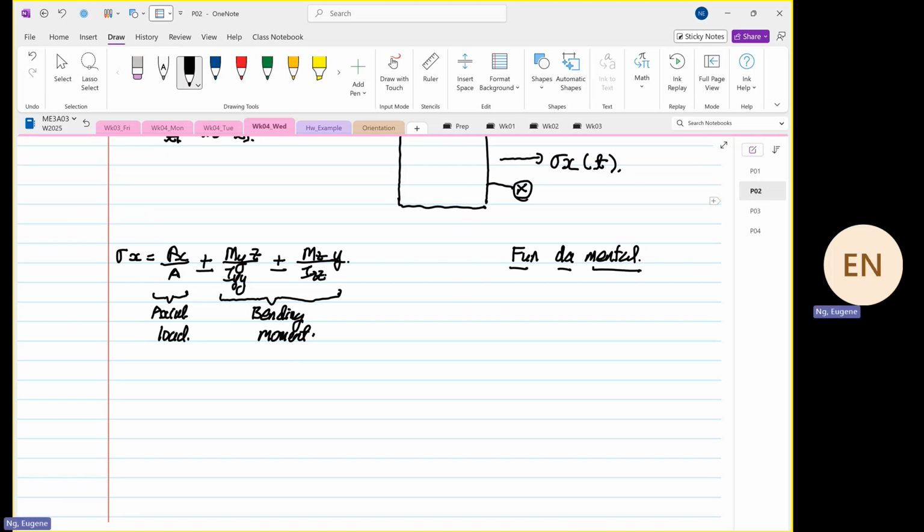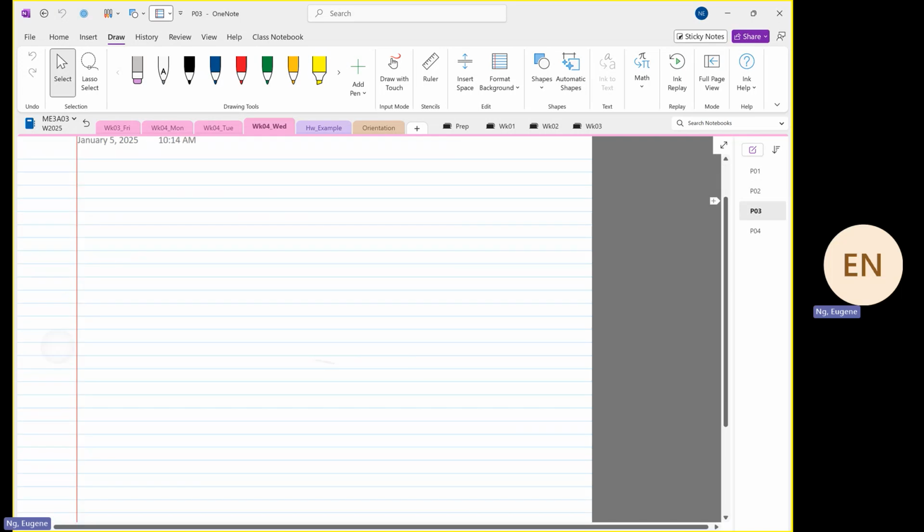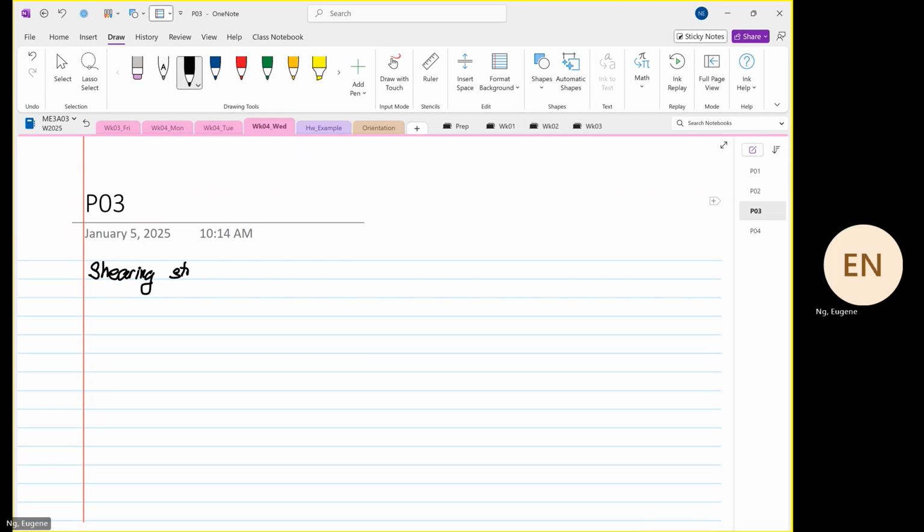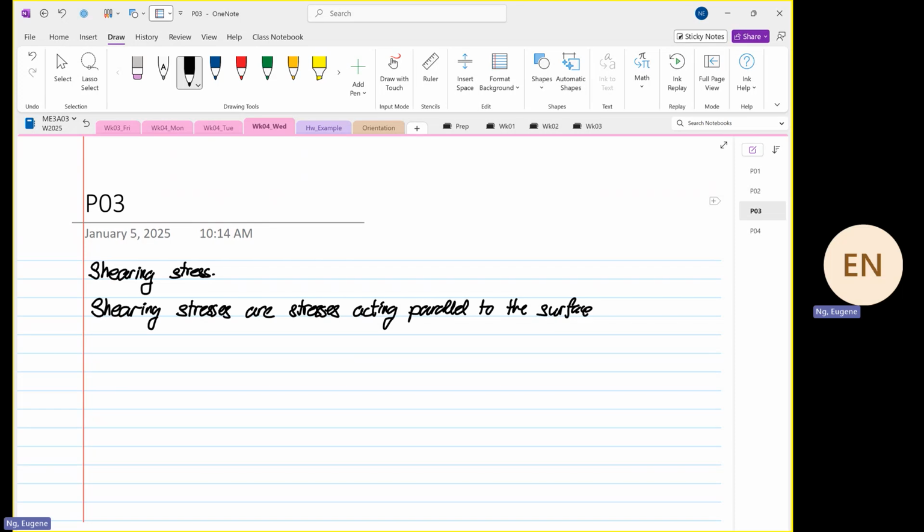Now, the next thing that we are going to look at is shearing stress. Shearing stresses are stresses acting parallel to the surface.